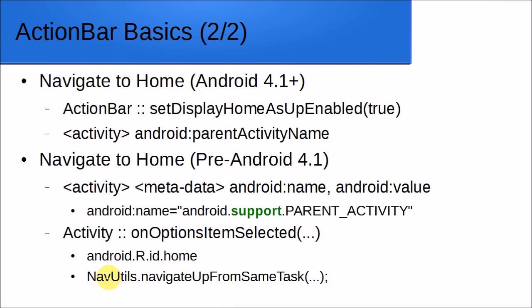Basically, to do the navigation, this pre-Android 4.1 approach is using the nav utils object, and this nav utils is from the support library, and that's why this thing is support. So it's not Android.parent activity, it's Android.support parent activity because nav utils is something from the support library.